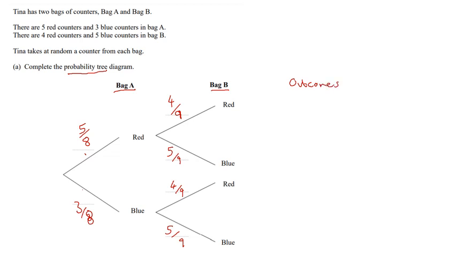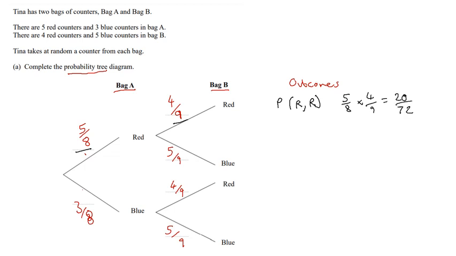We're going to work out some outcomes now. So here we're going to work out the probability, I'm just going to write P for probability, of red and then red. So the probability of getting red and red, when we've got to say "and", we multiply. And so we would do 5/8 times 4/9, which is 20/72.